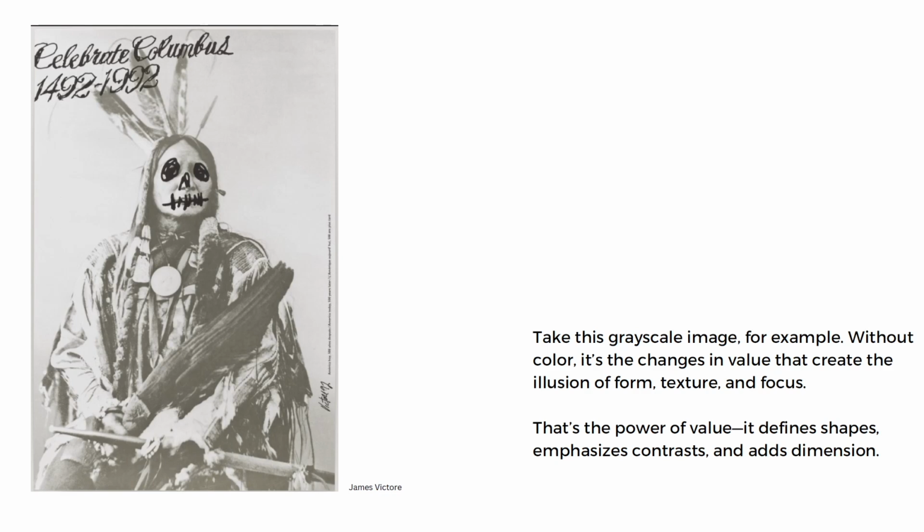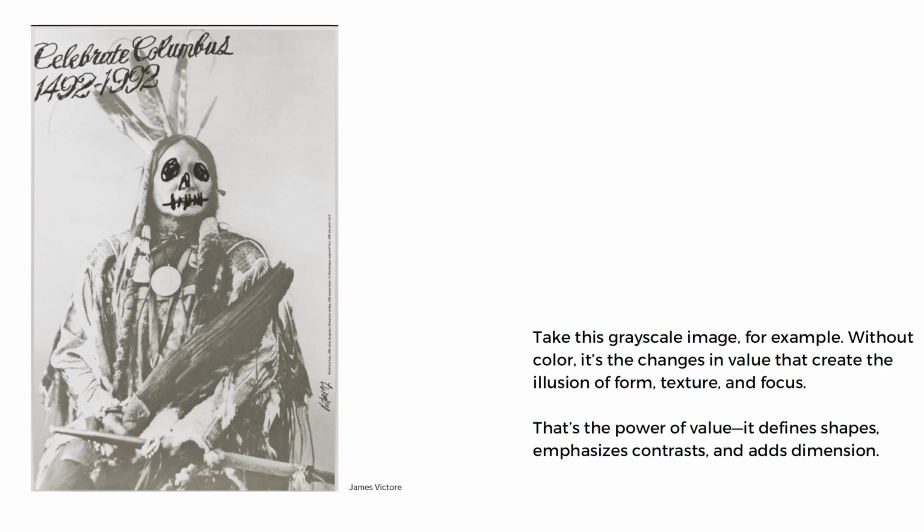So let's just start with the grayscale. James Victore's grayscale, he typically draws on top of some sort of photo and puts his message on top of it. So the grayscale, this neutral that we're talking about from our last section, without that color, the changes in the value are going to create that illusion of form, texture, and focus.